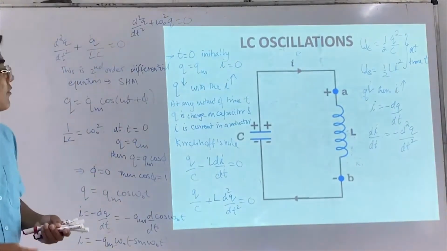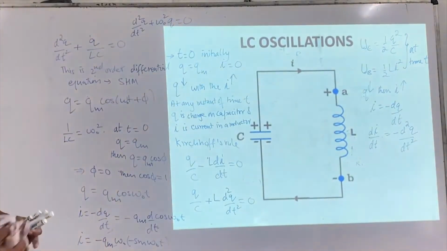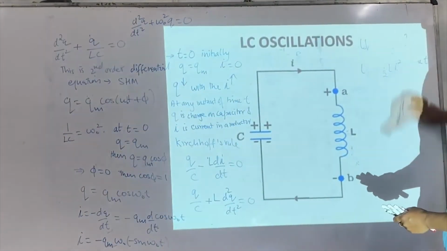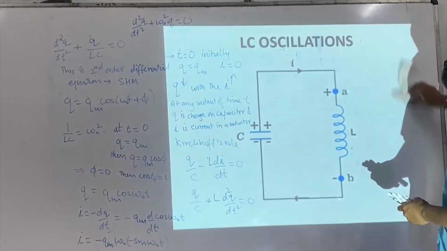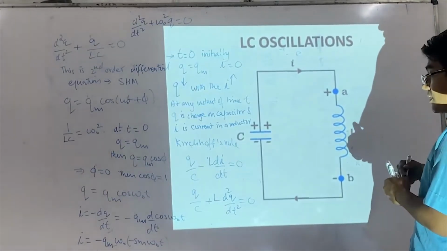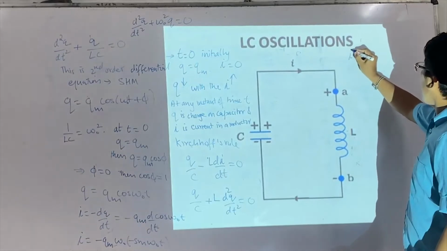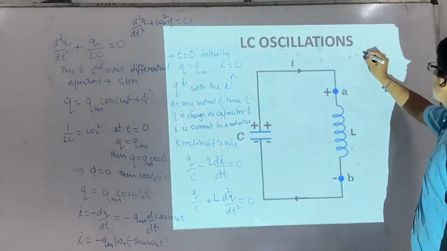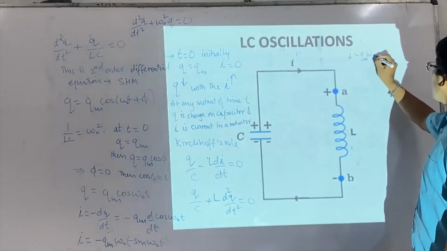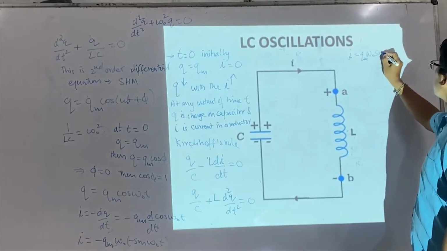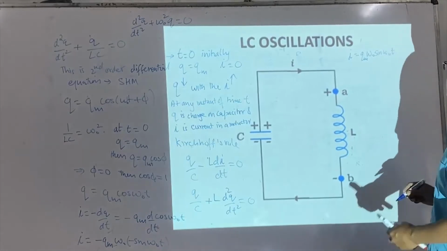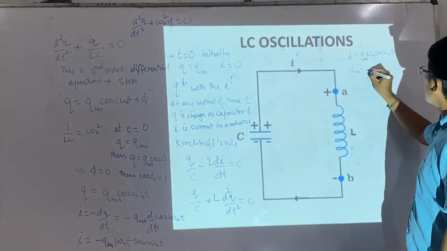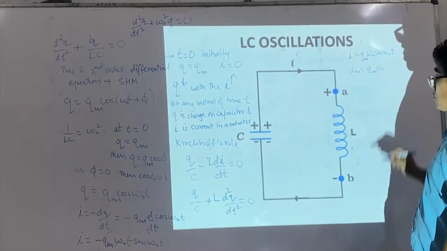Minus into minus is plus, so I is equal to Qm omega naught sine omega naught t, where Im is Qm omega naught.